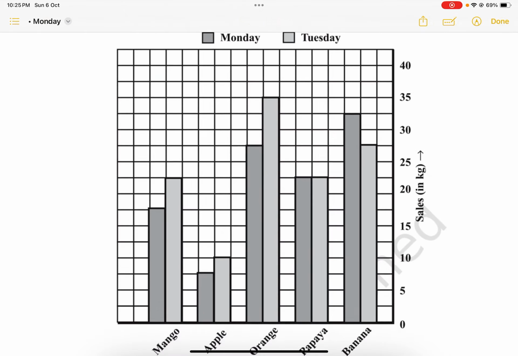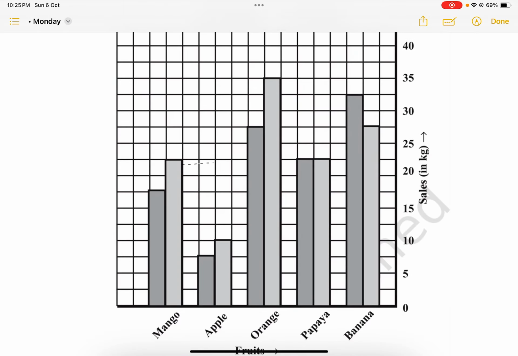On Tuesday, the kgs sold is 22.5. Observe here, it is 0, 2.5, 5, 7.5, 10, 12.5, 15, 17.5, 20, 22.5, 25. Like that it is given. For apple, the sale on Monday is 7.5, and on Tuesday the apple sale is 10 kgs.